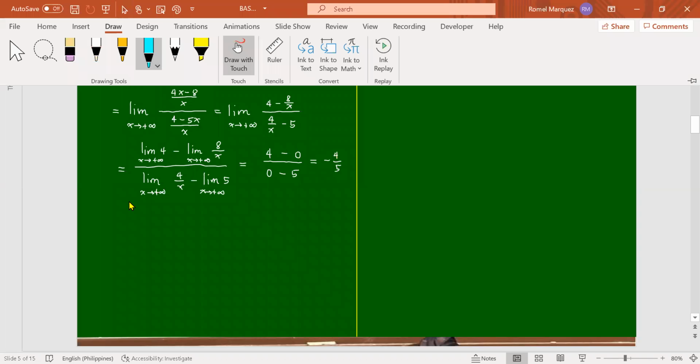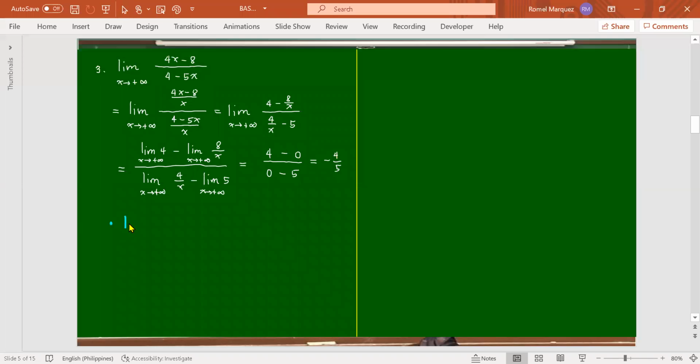So it means that if I have limit as x approaches, let's say, positive infinity of a constant over a function, this constant over function is equal to 0 if x approaches positive or negative infinity.